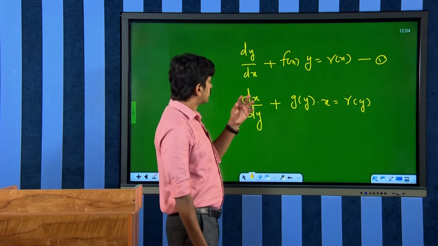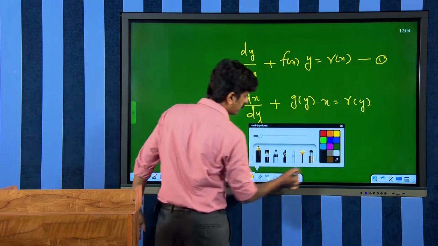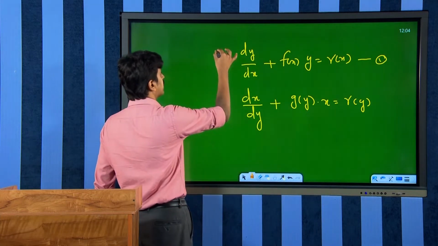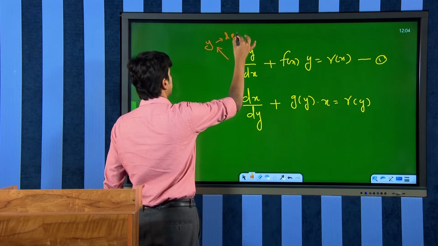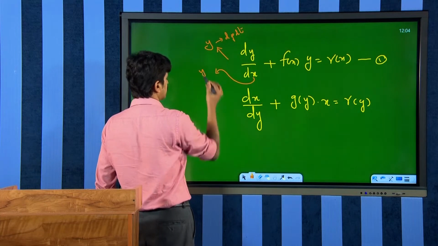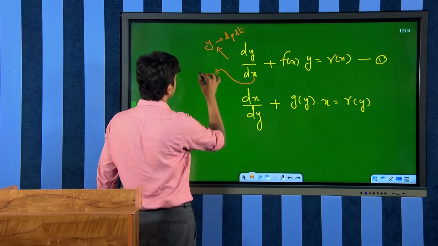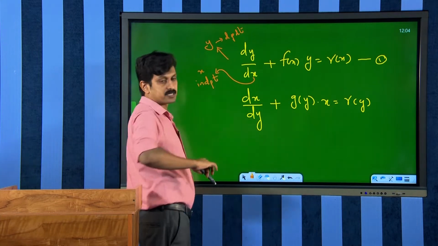All the terms are the same, just the variables are changed. In this case y is the dependent variable and x is the independent variable.